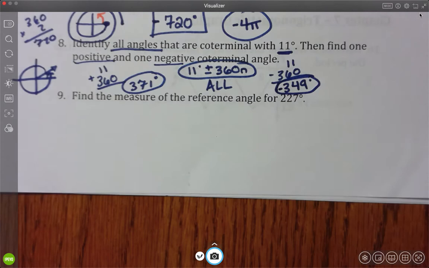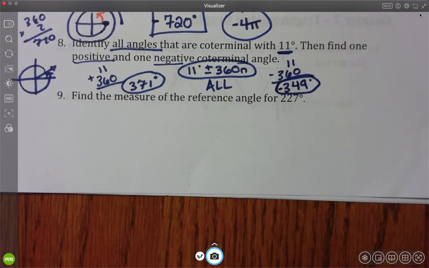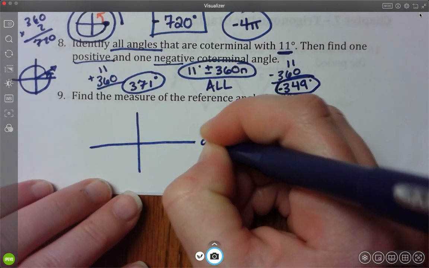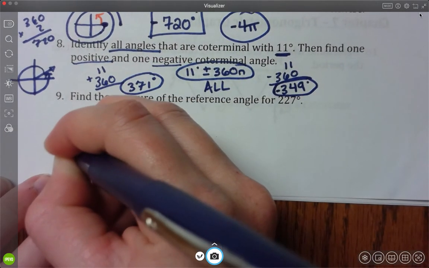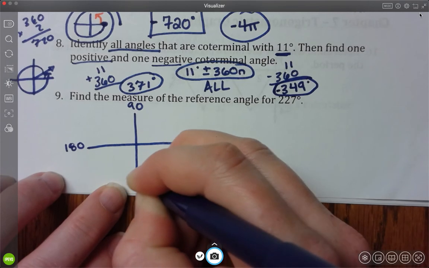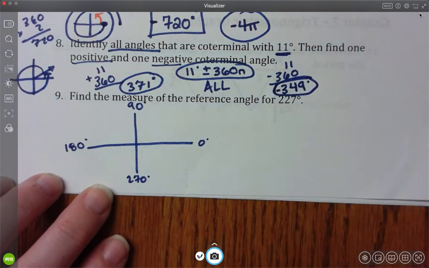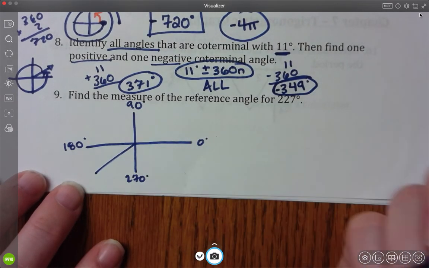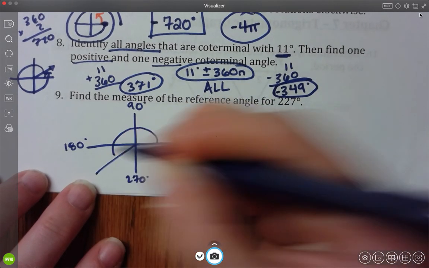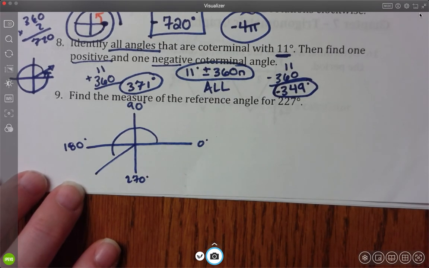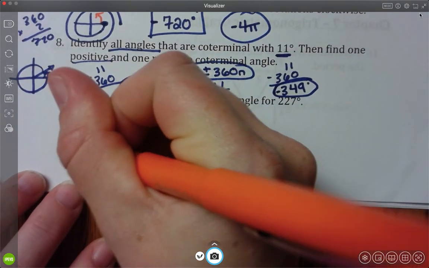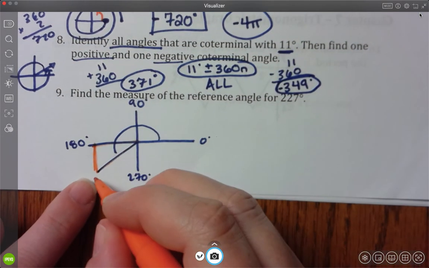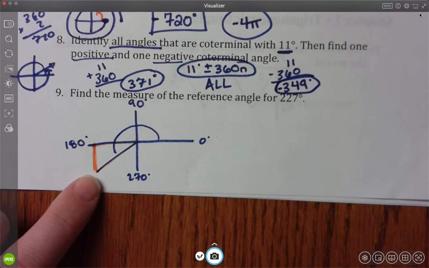Last one on that page, find the measure of a reference angle for 227. So let's map out where 227 lives. Here is 0, here is 90, here is 180, here is 270. We're in degrees. 227 is going to live somewhere in between 180 and 270. So this would be 227. But my reference angle is, if I make a triangle out of this, and remember that we always connect it back to the x-axis, we don't ever make hourglasses, we always make bow ties.